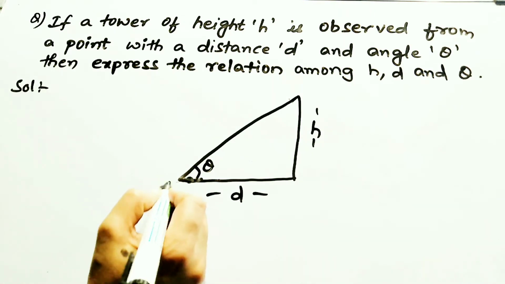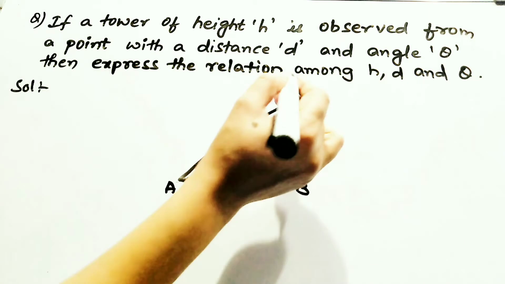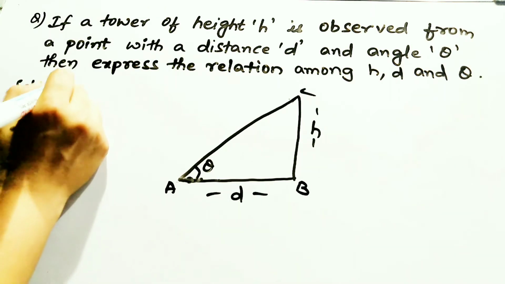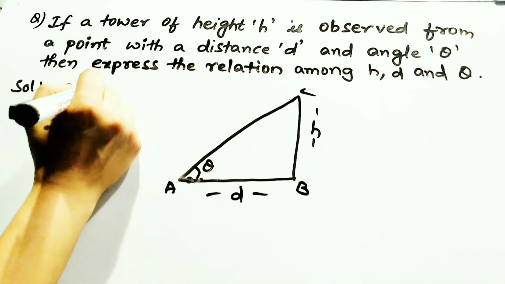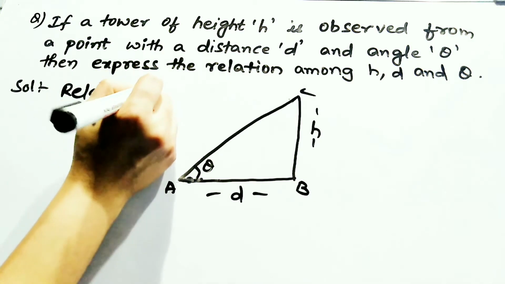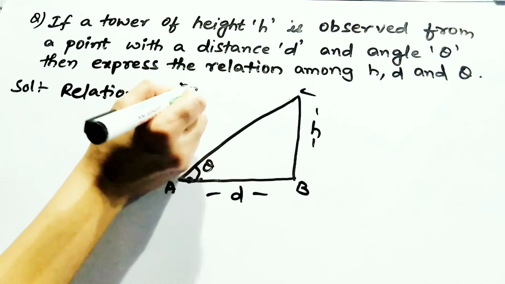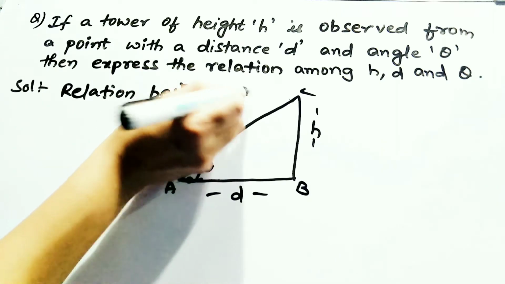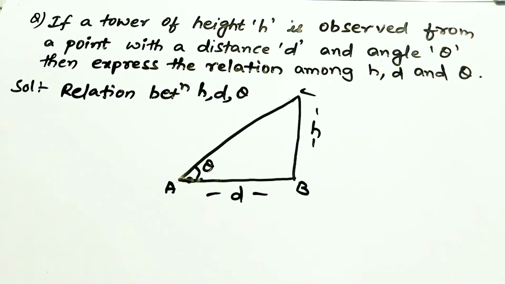So we are giving names to the triangle: A, B and C. We have to give the relation between h, d and theta.